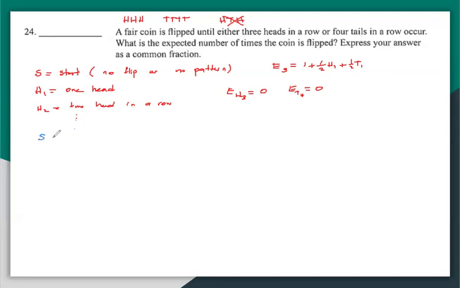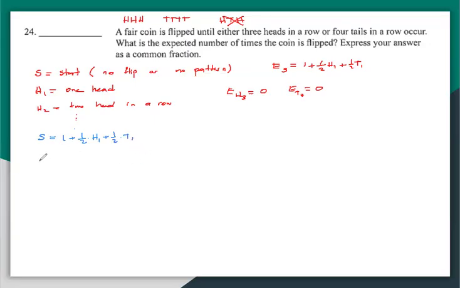The expected value of the state S is equal to 1 plus 1/2 times H1 plus 1/2 times T1.